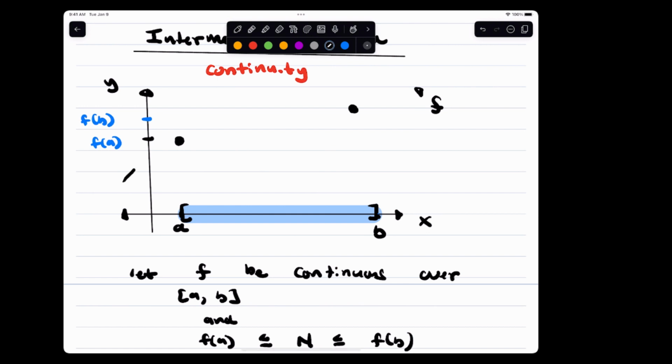I'll do it like that. Okay, and what they're saying is that N is right in between. So like this. Let's do it that way. Okay, so here's an N value here. It's really on this axis over here.